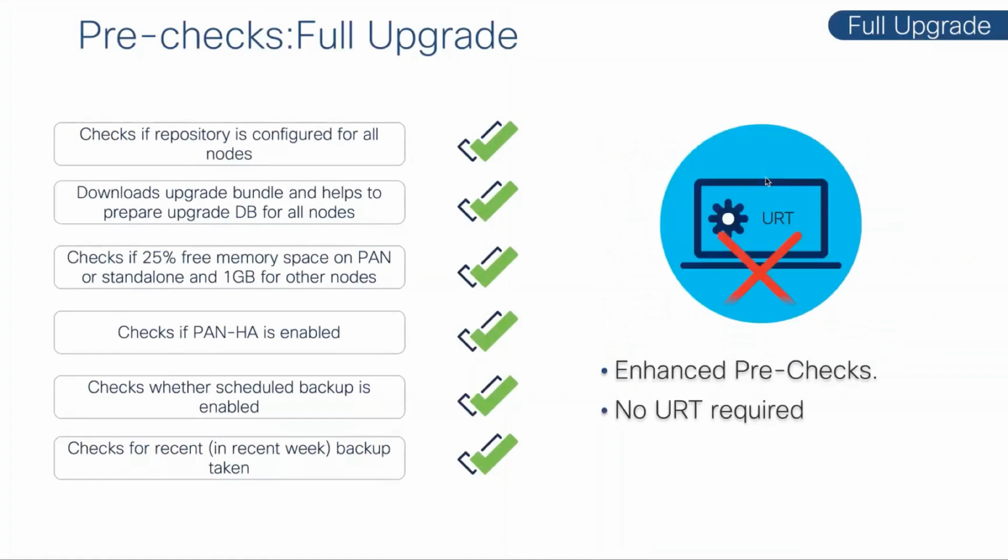So you don't have to run the upgrade readiness tool in order to upgrade your deployment via the full upgrade option. The responsibility of the URT is already taken care of as part of the pre-checks. That's how it is more reliable.